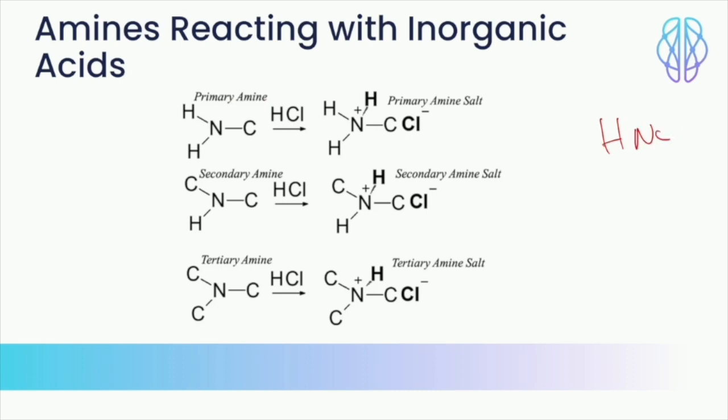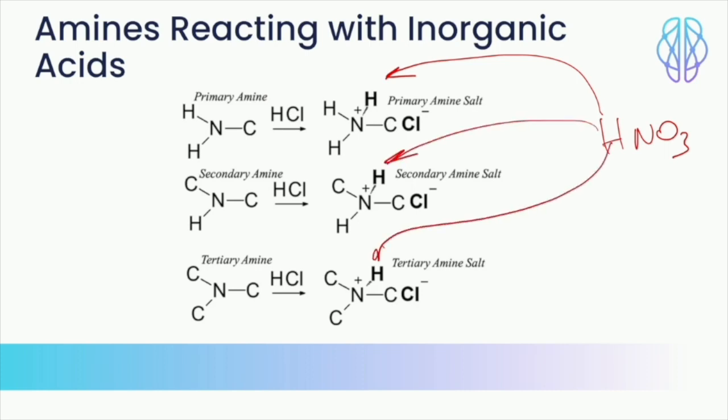So if you have, for example, nitric acid, you would still have the hydrogen added across all of these amines. So you'd still have the NH part, but the only thing that would change is instead of the chloride, you'd have this NO3 minus. So that's the main important takeaway. Just know how to write these amine salts, or rather understand what's actually going on.